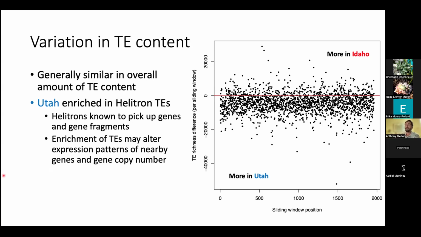So thinking back to the differences in expression for our Utah population relative to Idaho, this is potentially one mechanism through which that big difference may have evolved. That's something that would be really interesting to dig into later on. But at the moment, it does seem like a really good potential mechanism within the evolution of that response pathway within Utah.